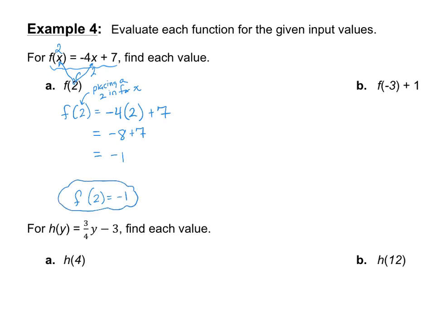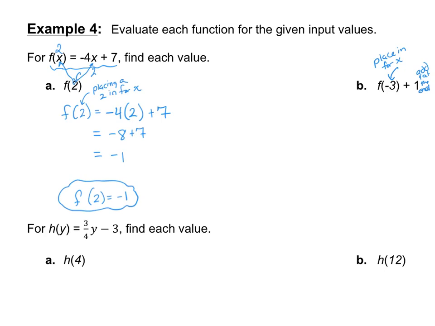Okay, and so same thing for f of negative 3 plus 1. What that's saying is I'm going to place negative 3 in for x, and when I'm done with that, I'm going to then add 1 at the end.